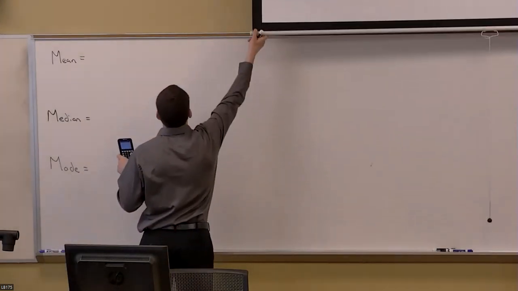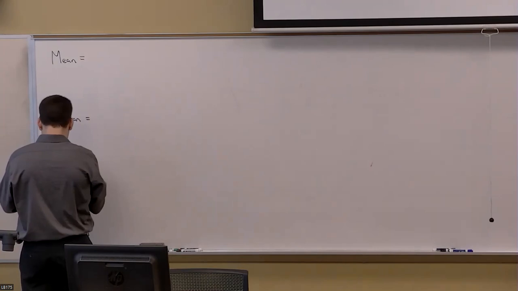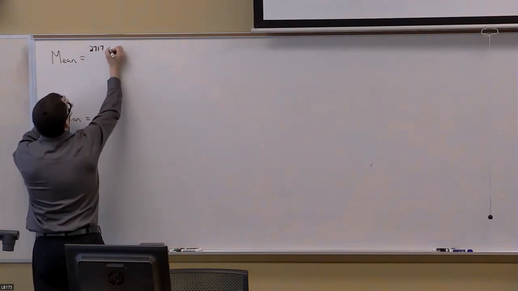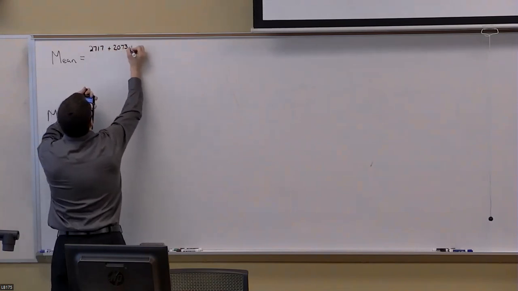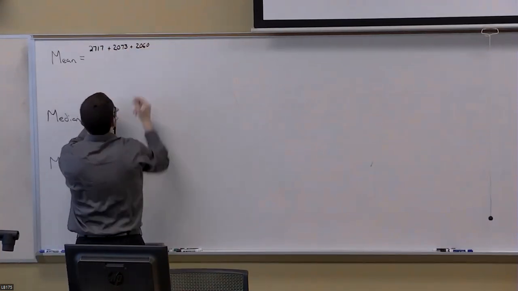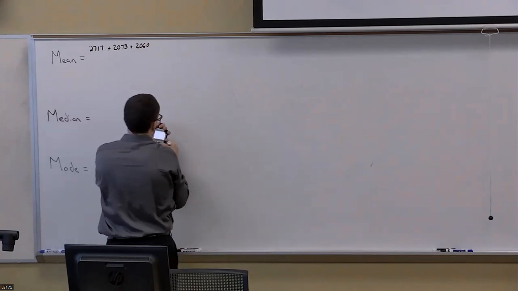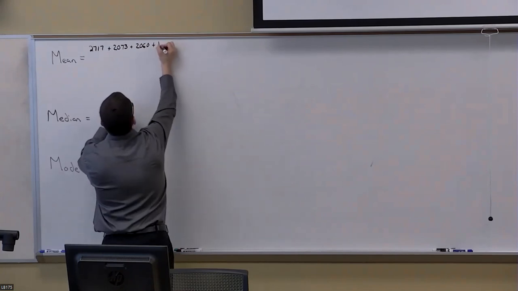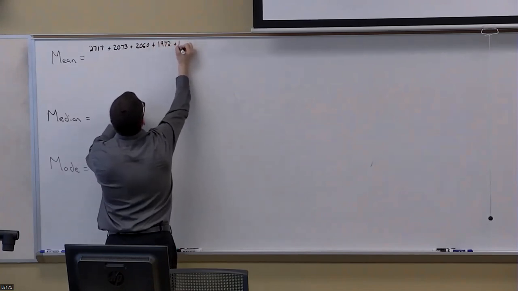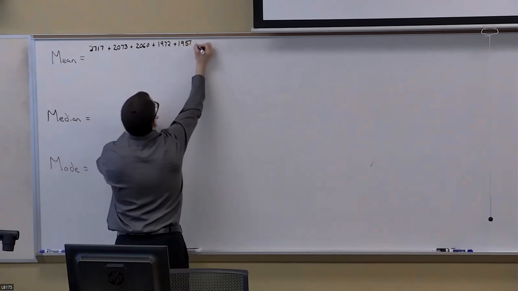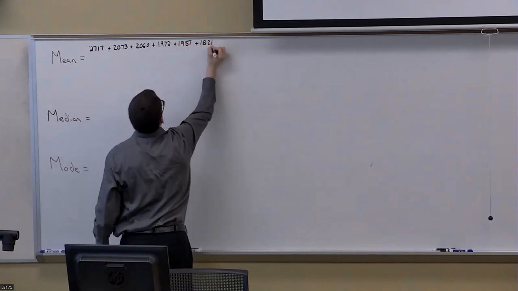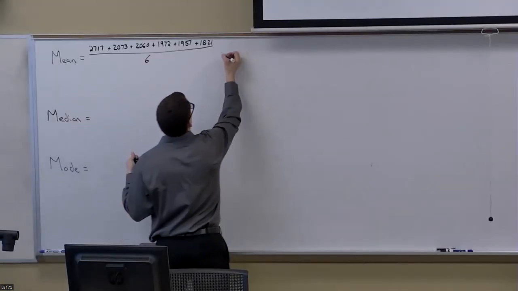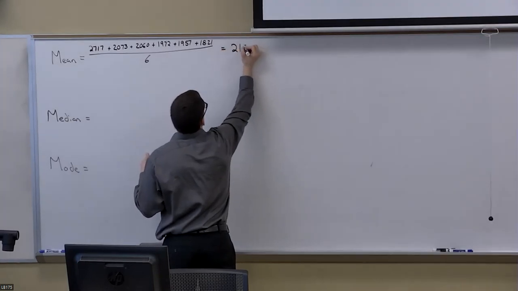So, our average: there are 6 numbers, so I'm going to add those numbers up, divide that sum by 6, and I got 2,100.